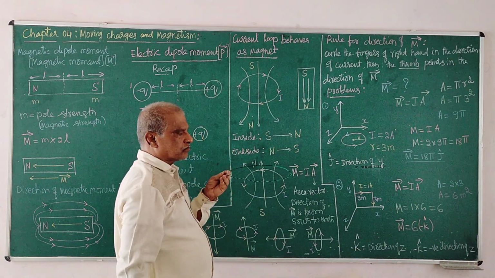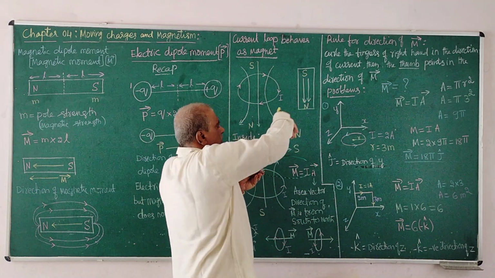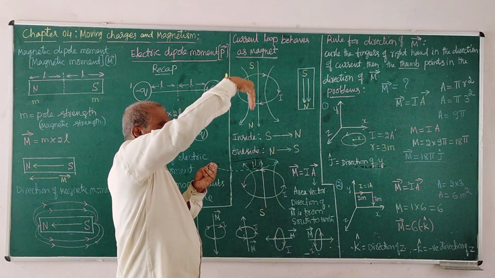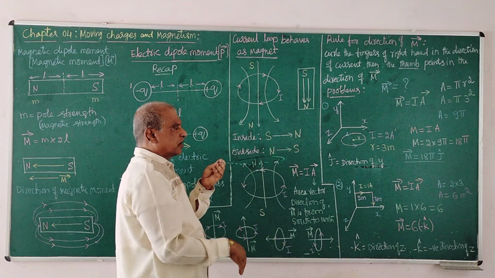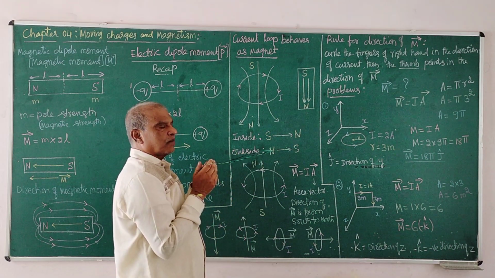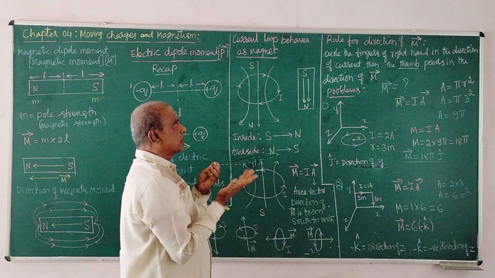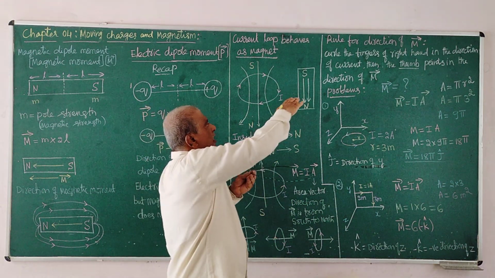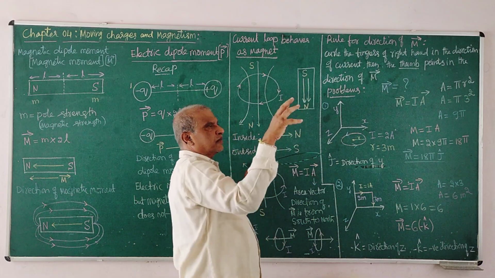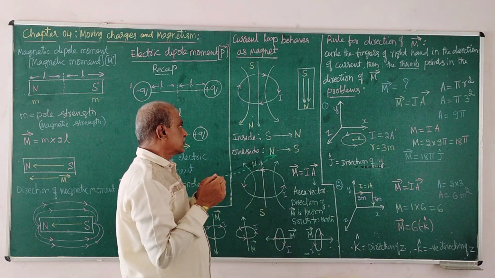Lines go from south to north inside the material, and here lines go from south to north through the ring. The space inside behaves exactly like a bar magnet. There it is occupied by atoms, magnetic material, while here it is empty space or space occupied by air molecules. That is the difference.